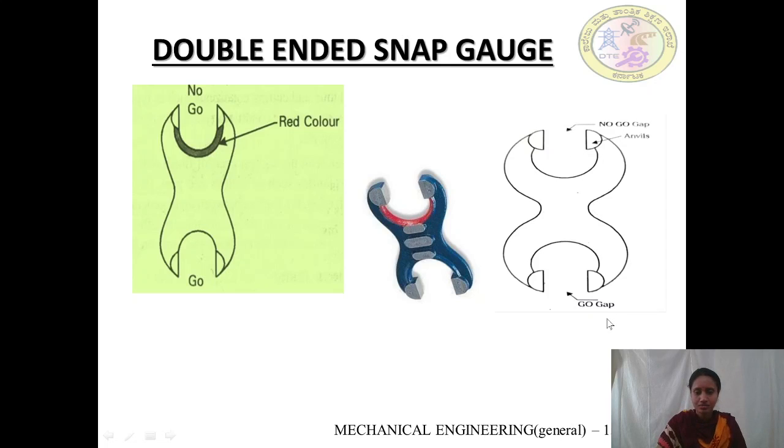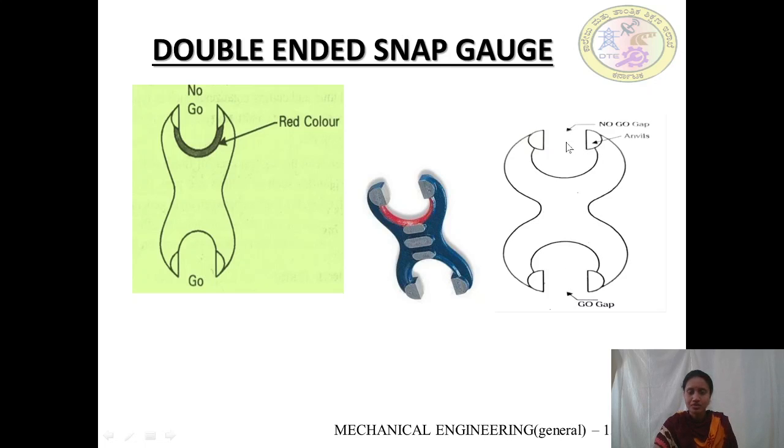So think, if the shaft is not going inside this go gap, this is the upper limit size, right? If the go gap is the upper limit size of the shaft and the shaft is not going inside this go gap, it means the shaft is manufactured to more than the upper limit dimension.